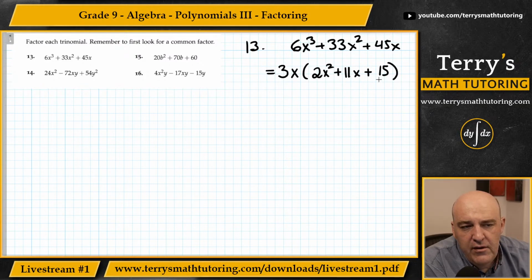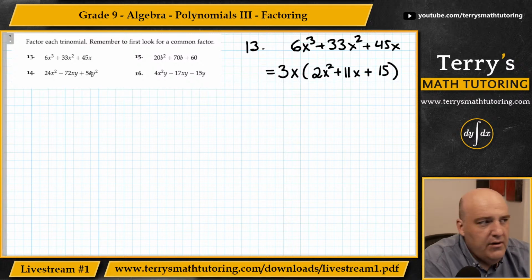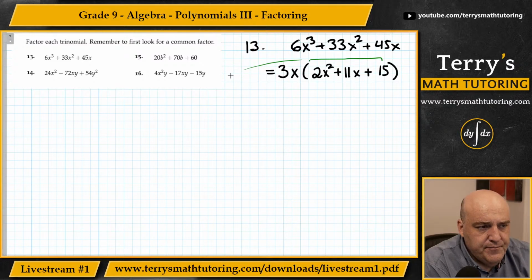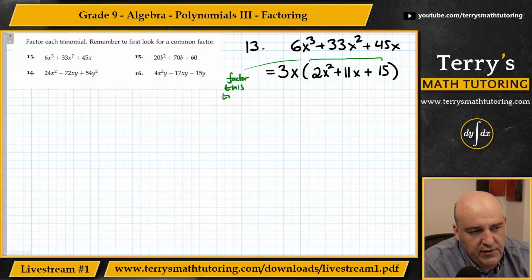And now we're going to do trinomial on what's in the brackets here. So we're going to factor this guy using the trinomial factoring. So we first do common factor, and then we get a trinomial that we can work on. And let's do our sum product on this one.